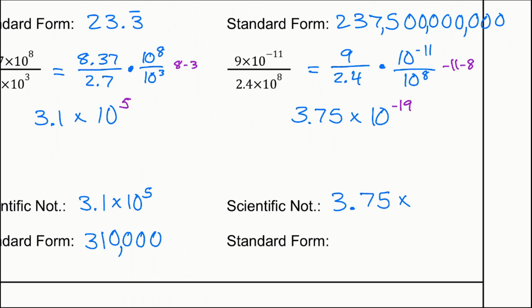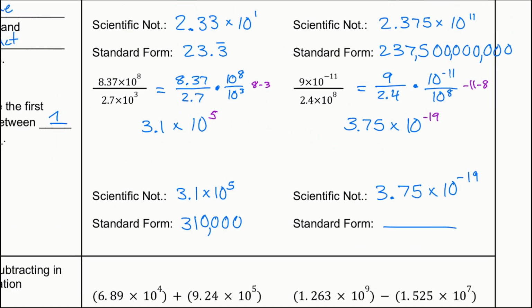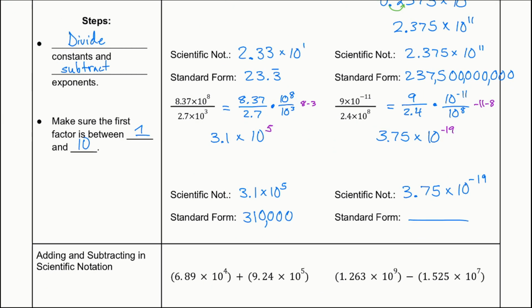Okay. So this would be 10 to the negative 19th. And again, standard form is going to be way, way, way too long on that. All right, but in general, that's how we do division.